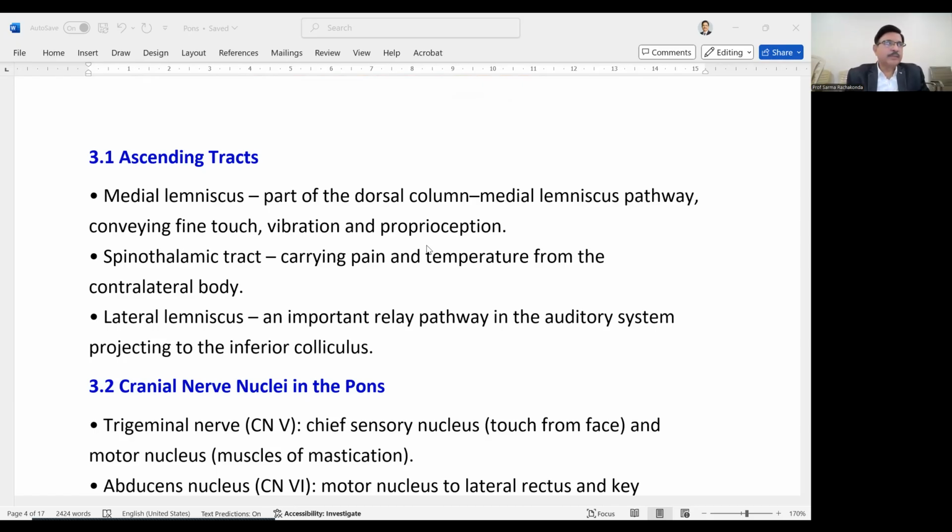Tracts in the ventral part: corticospinal tract, corticobulbar tract, pontine fibers of the cerebellum, the middle cerebellar peduncle, and then the crossing fibers of the cerebellar fibers. These are there. And there are no cranial nerve nuclei here. We don't have 6, 7, 8, 9, 5. They are not there in the ventral part.